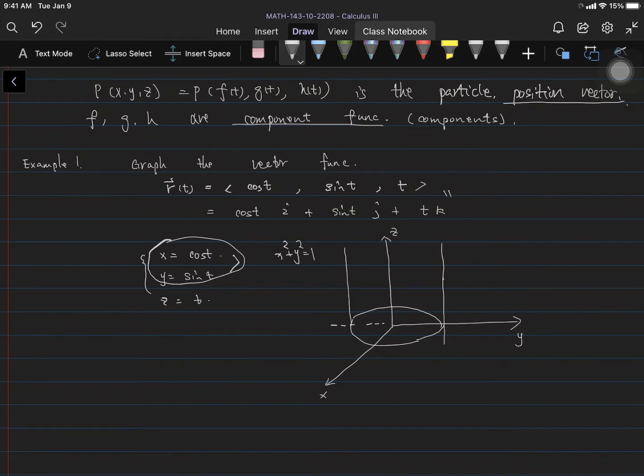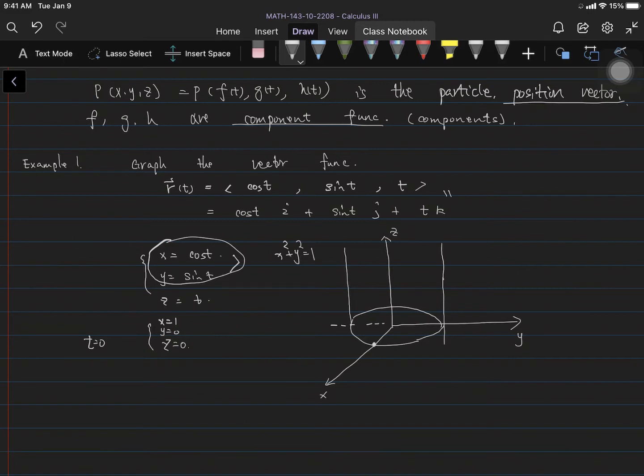But right now, z equals t. So when t equals 0, z equals 0, right? And where's the point? We can say x should be 1 because it's cosine 0, which is 1, and y is sine 0, so the point is going to be here, okay?